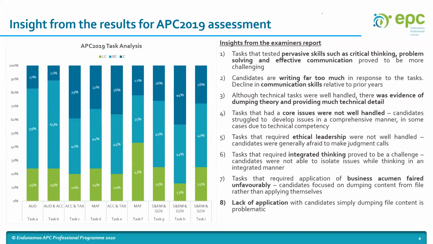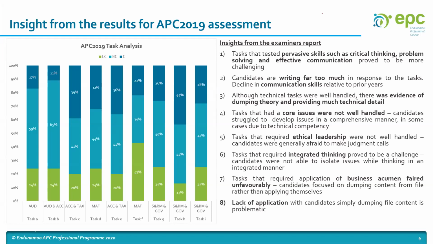So that is something one just needs to be mindful of. As I'm saying, this is based on what the unsuccessful candidates in the APC demonstrated to the marking team.